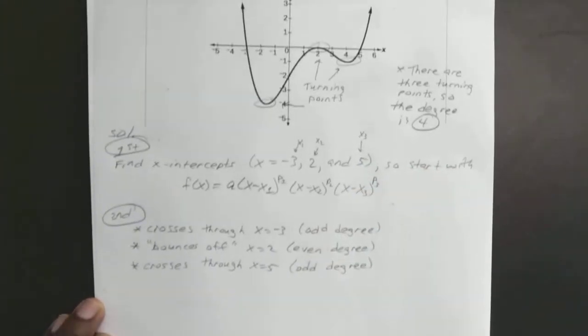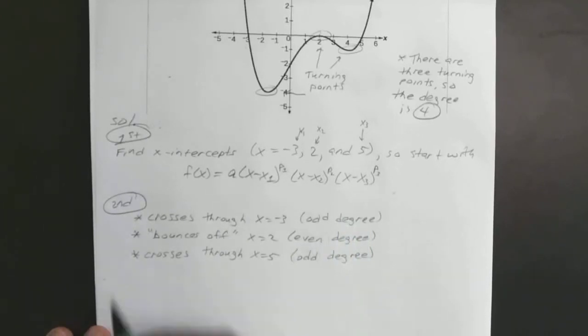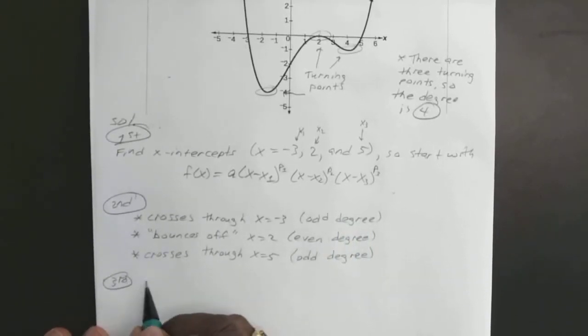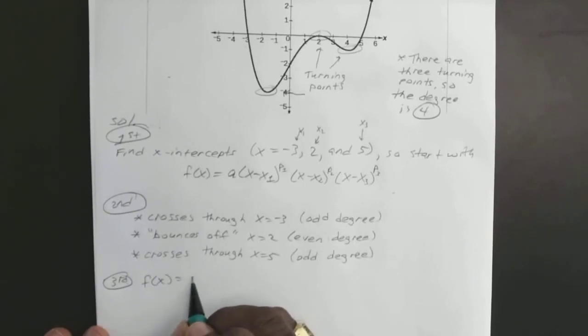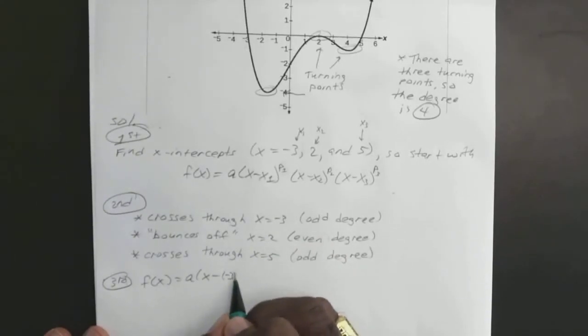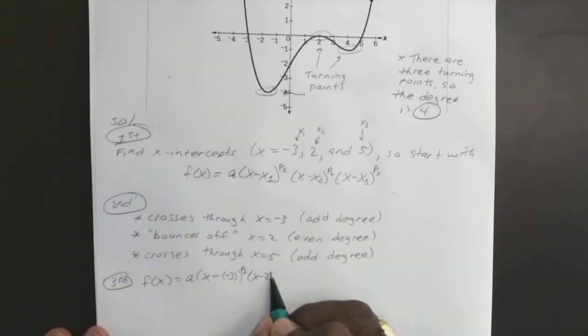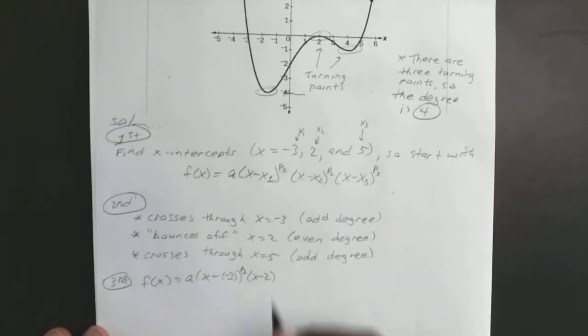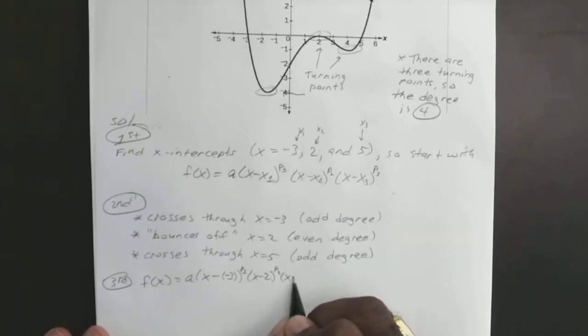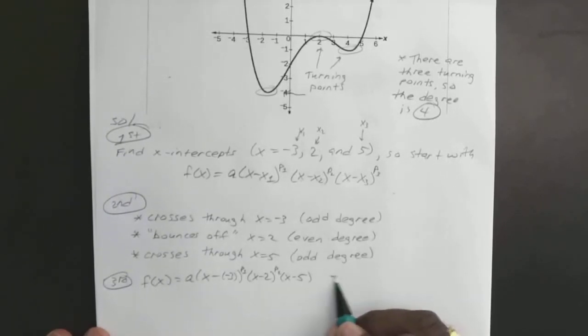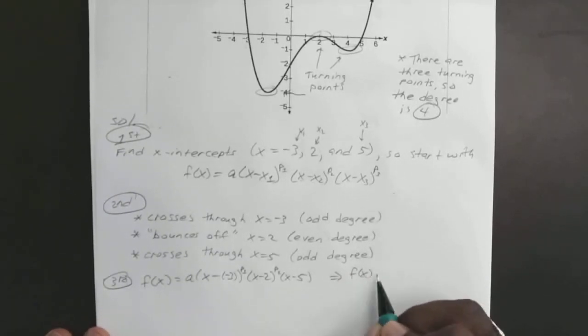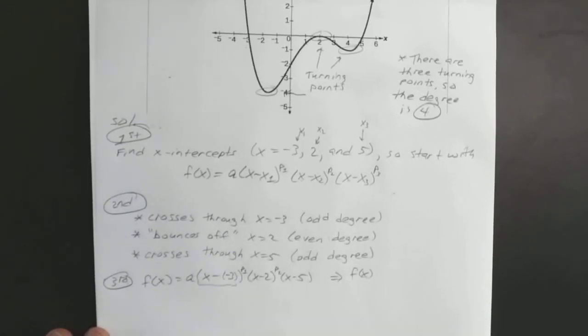Okay, so for your third step is where we plug everything in. Because remember, this is your x1, x2, and your x3. So f of x is going to equal a times x minus -3, and we still don't know p1 yet, times x minus x2, which is x minus 2, times x minus x3, which is x minus 5.